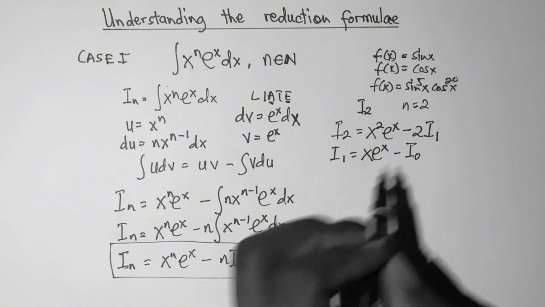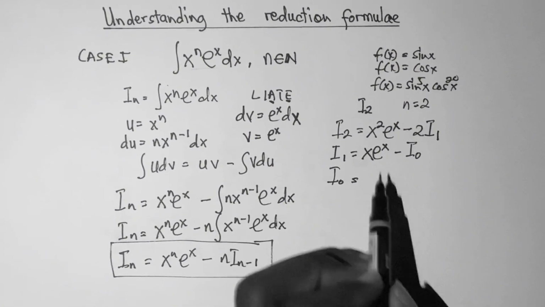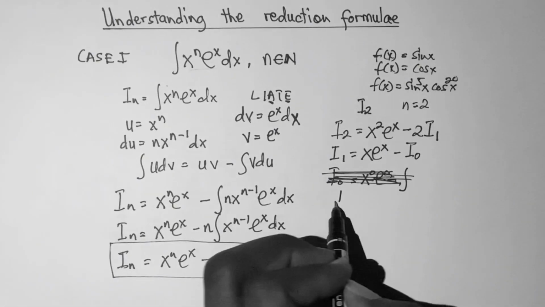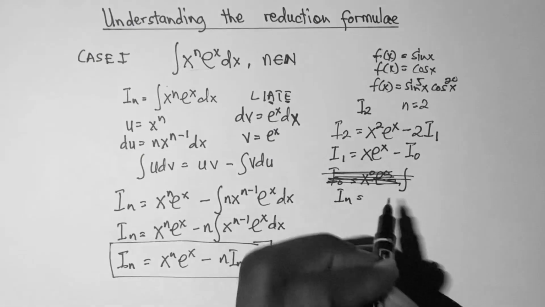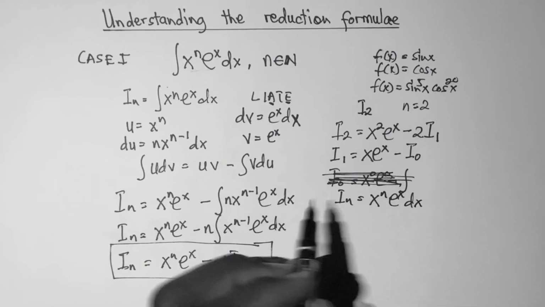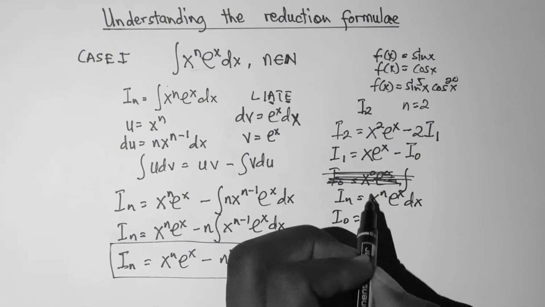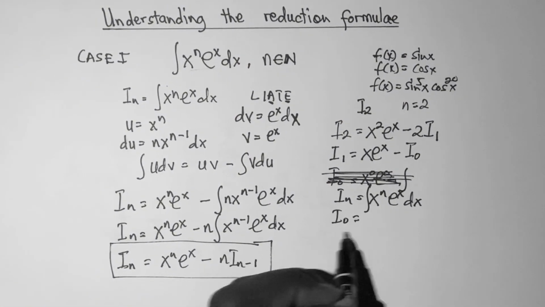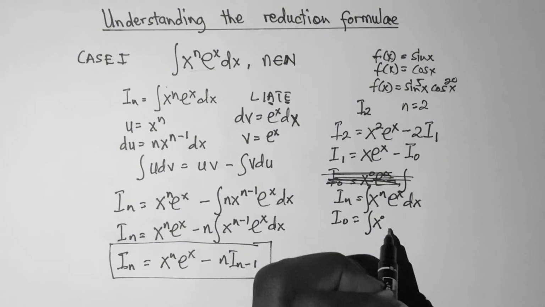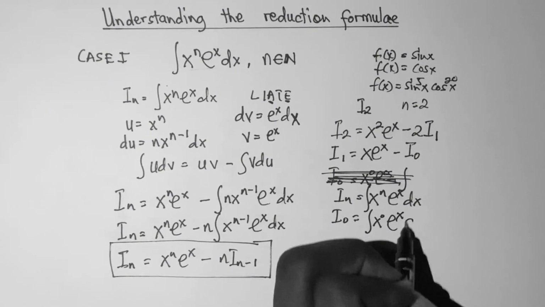So let's find I of 0, which is the least that we can find. Remember that we said that I of n is equal to the integral of x exponent n exponent x dx. So I of 0 is equal to the integral of x exponent 0 times exponent x dx.